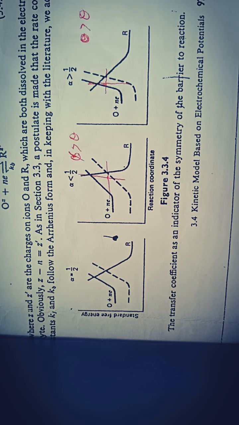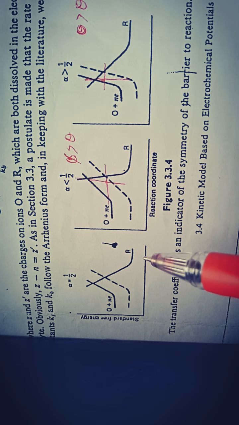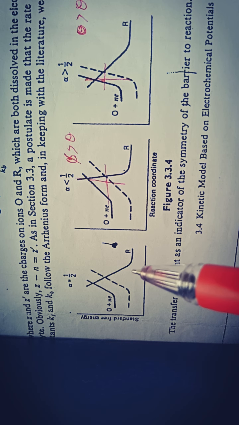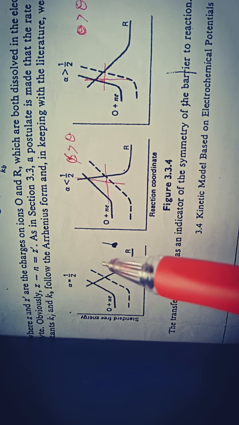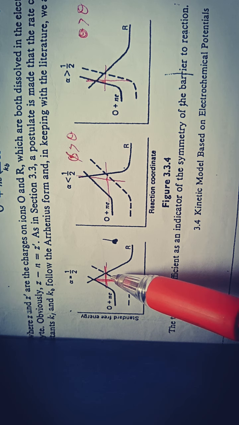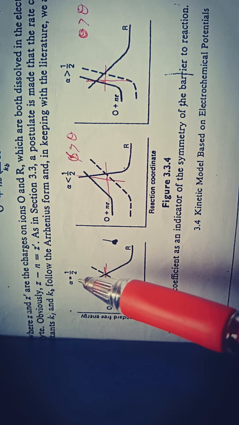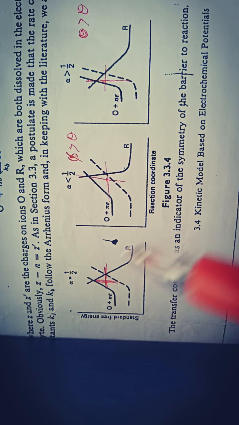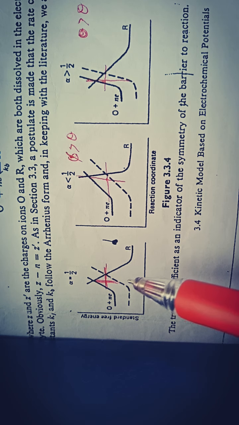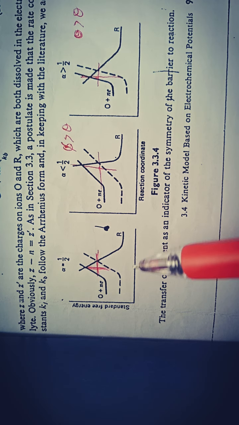Now from this figure we can see the relationship of the transfer coefficient to the angles of intersection of the free energy curves. Here these two angles theta and phi are equal, and the value of alpha is equal to half, and this one is the ideal case, usually assumed in the absence of actual measurement.